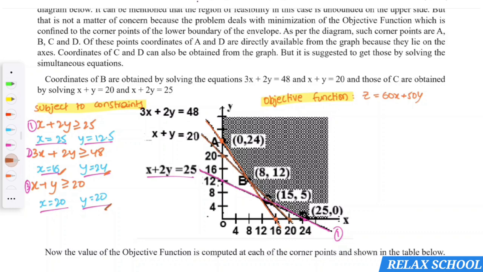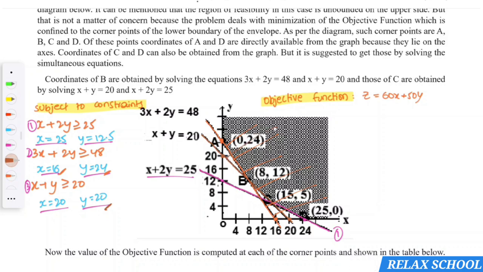See, unlike maximization problems where the region will be below the constraint line, here the region will be above the constraint line. That means for this orange line, all of this would be the region solving the inequality.